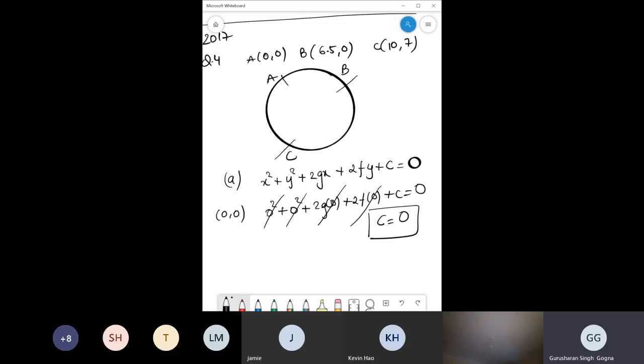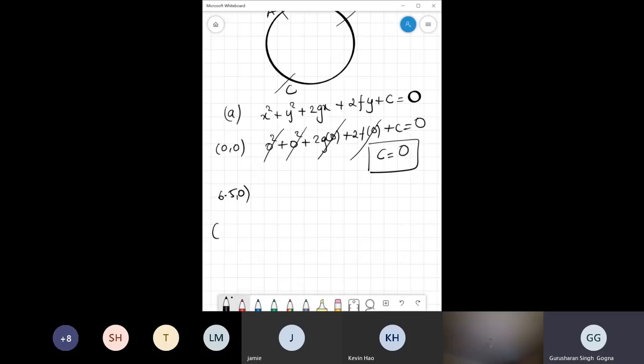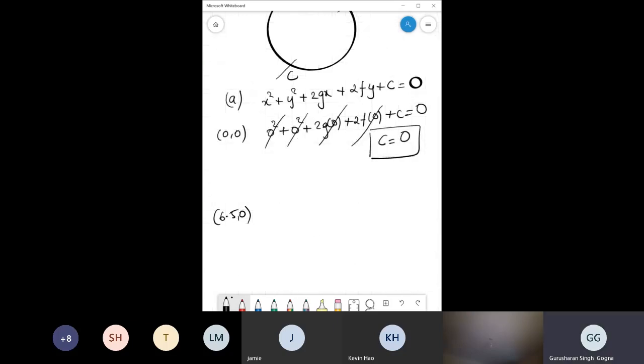Let's use other 2 points. 6.5, 0. So 6.5 square, 0 square, 2g times 6.5, 2f times 0 plus. Now you don't need to worry about C because C is already 0. So let's put 0 there for C as well, isn't it?